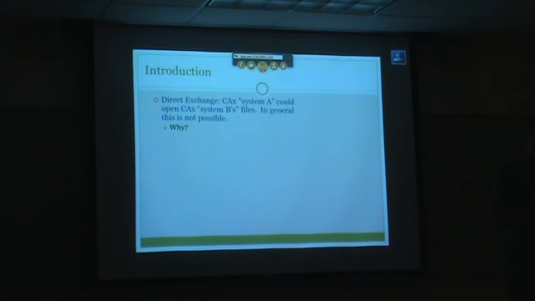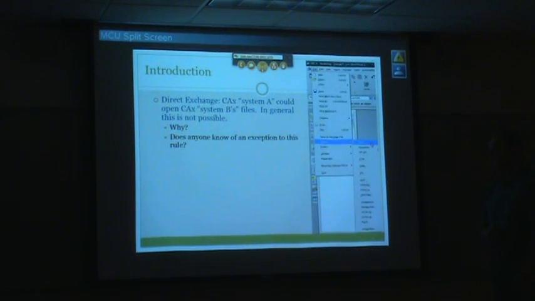So if I want to do a direct transfer, the first thing I have to ask is, what is the underlying kernel, and can I use it to move the geometry? That's the exception to the rule: if you have an underlying kernel in common, you should be able to do a direct translation.